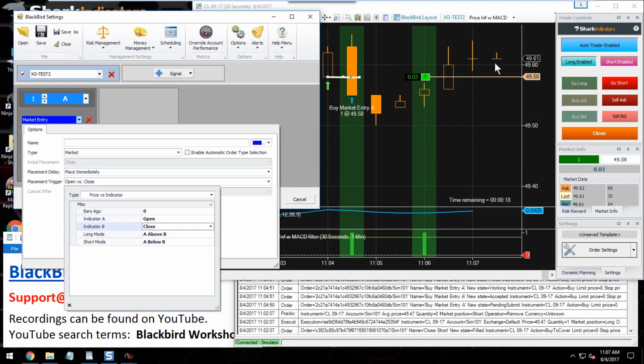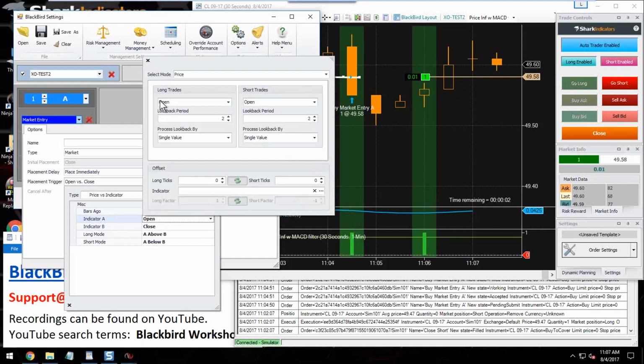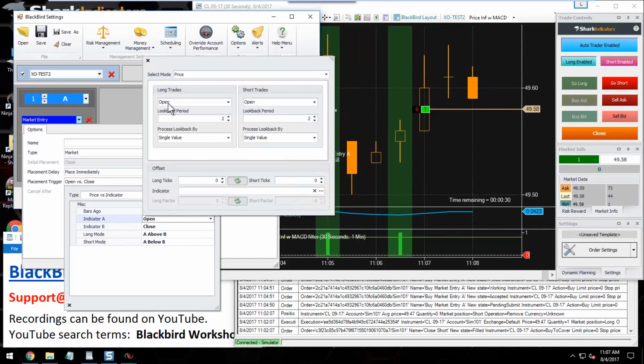So whenever that close price crosses the open of the previous bar back, that's how we got all this to work here. Again, the key is that we want the open price of one bar back, so we have to use a look back period of 2.